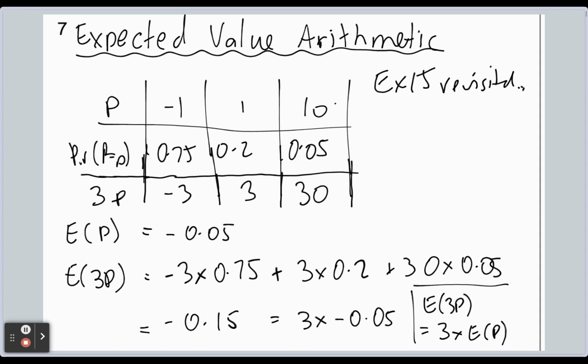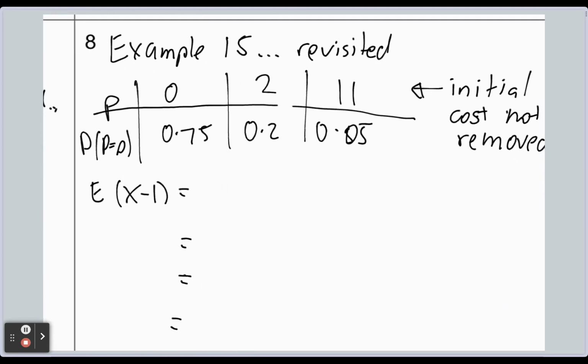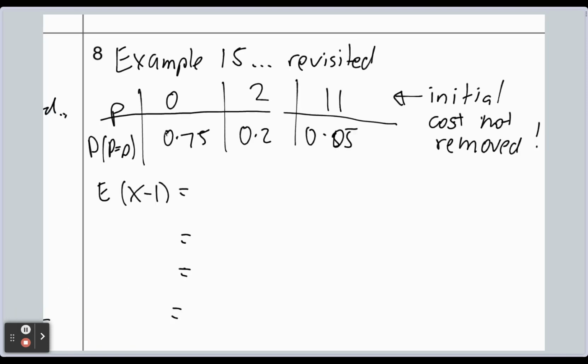Second example. In this one, I've subtracted 1 from each of the gains here. Sorry, quick correction.